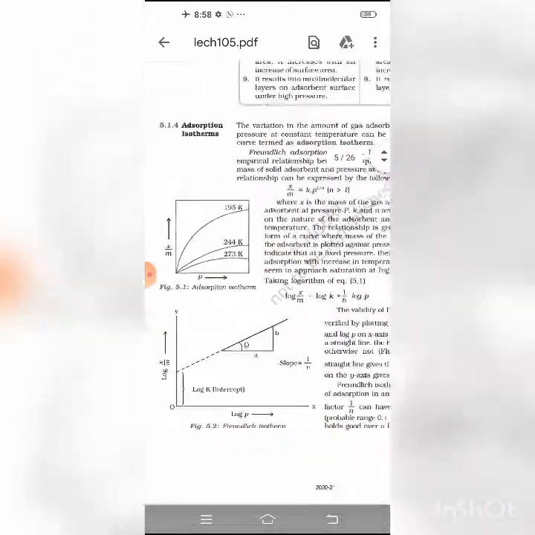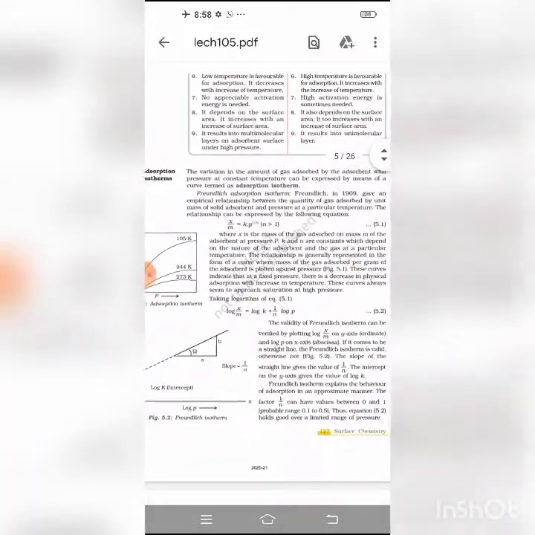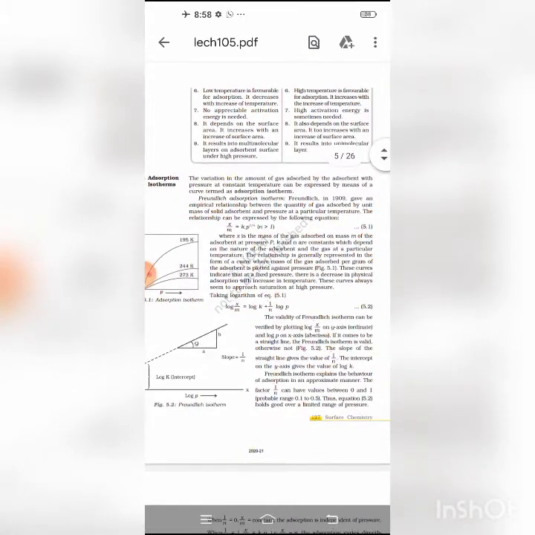Now, Freundlich adsorption isotherm. Student, the Freundlich adsorption isotherm gives the relationship between the magnitude of adsorption, that is x by m, and pressure at a constant temperature.